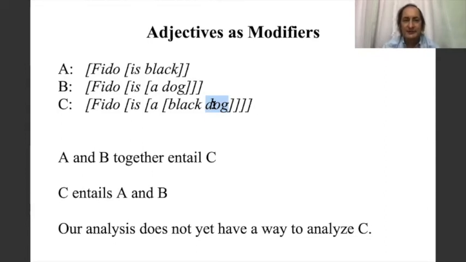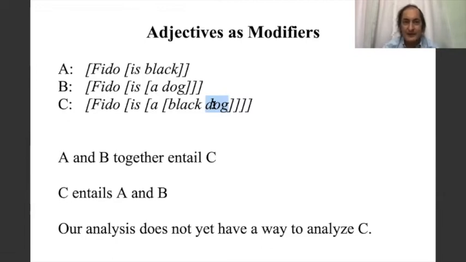Well, we observe that A and B together entail C. If Fido is black and Fido is a dog, it follows that Fido is a black dog. Likewise, C entails both A and B. If Fido is a black dog, it follows that Fido is black and that Fido is a dog.